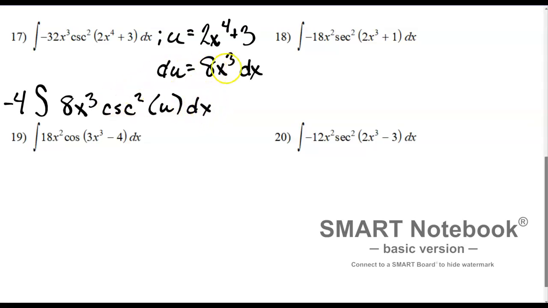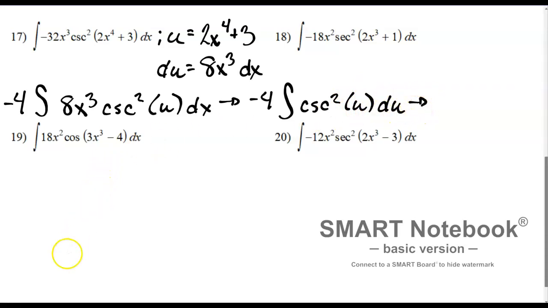Now I can take the negative 4, integrate, and we've got cosecant squared u du. And here, of course, you can pause the video and scope out that formula chart.